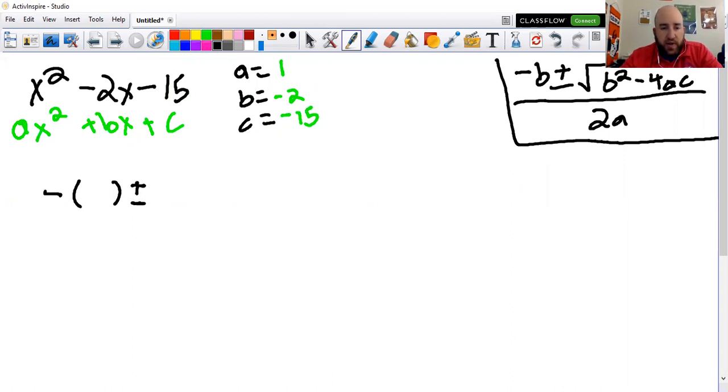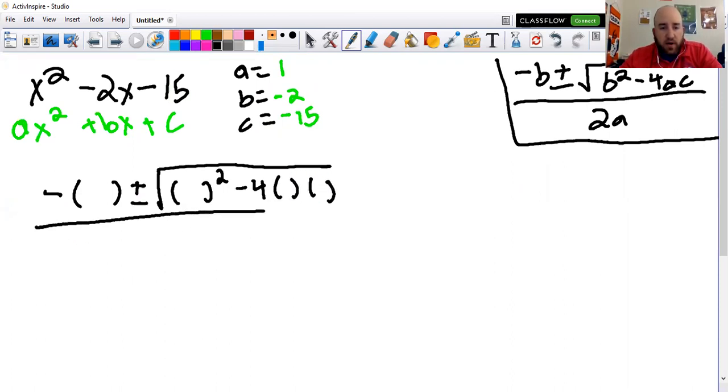So I have negative parentheses plus or minus the square root of parentheses squared minus 4 times parentheses, all over 2 times parentheses. Okay, guys, this whole numerator has to be over the denominator. The 2 times whatever this is doesn't just go under the square root. It goes under the whole thing.